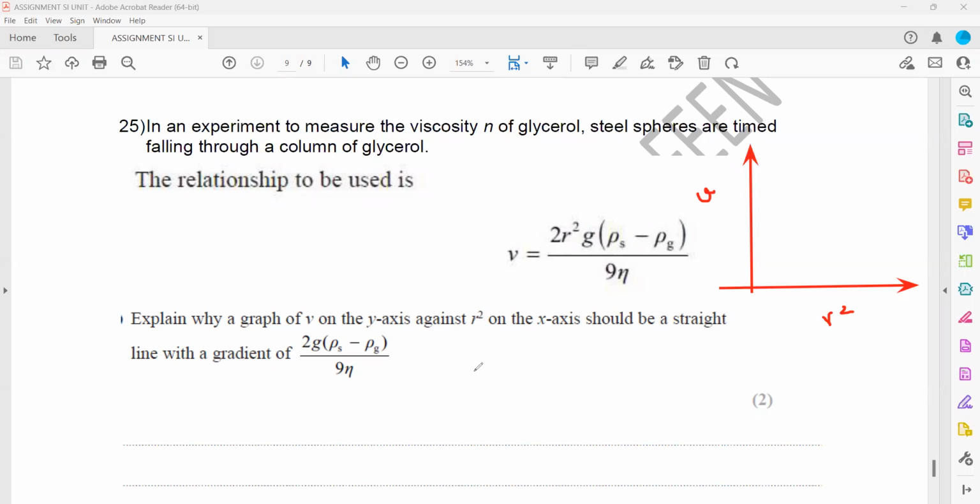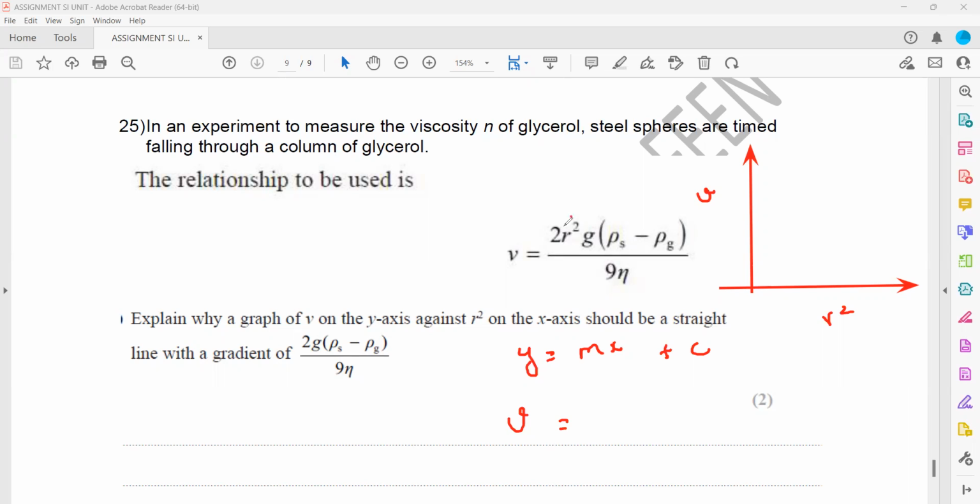If I rearrange the equation, the equation of a straight line is y equals mx plus c. So the quantity which we plot on the y-axis should be separate. It is already separated; v is already separate. Then the quantity which we plot on the x-axis comes just after the equal sign, with a gradient.